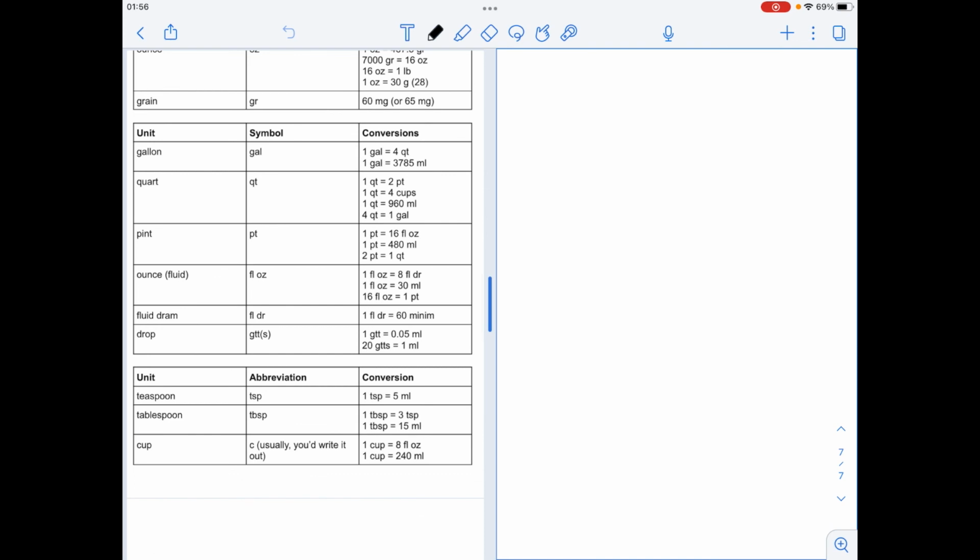Okay, so here we have a homework problem. So, for example, 45 milliliters. We have that. And from there, we want to know TSP, and then we want to know TBSP.